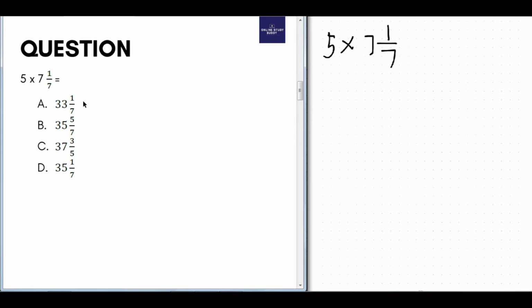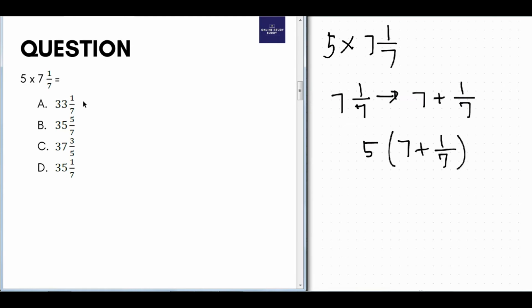So, we suggest to do this method. So, yung 7 and 1 over 7, actually, ang ibig sabihin niya is 7 plus 1 over 7. Kasi, meron kang 7 na buo plus 1 over 7 na fraction. So, kung ganun, in this problem, we have 5 times 7 plus 1 over 7. So, we can use yung distributive property ng multiplication over addition sa problem na to.